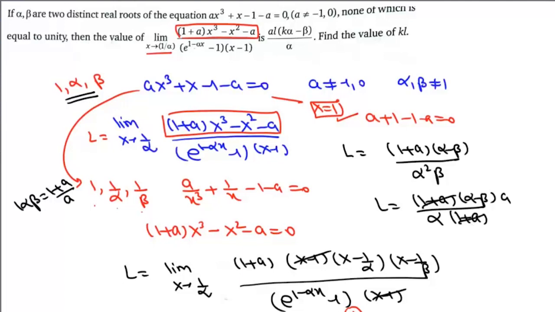So value of this limit will be a into alpha minus beta upon alpha. Now we compare it with this given limit, then we can write the value of L must be 1, value of K must be 1. Now we need to find the value of K into L. Value of K into L is 1.